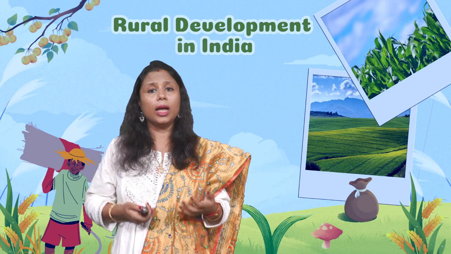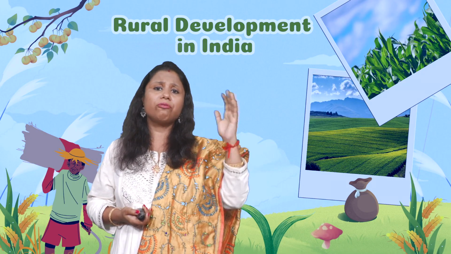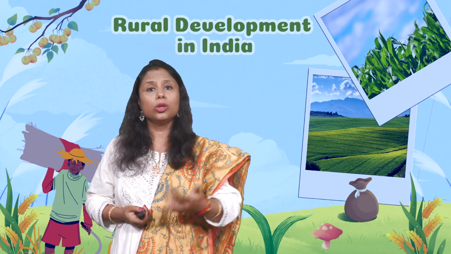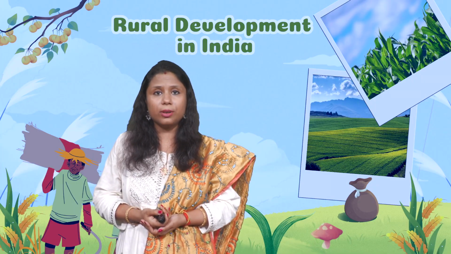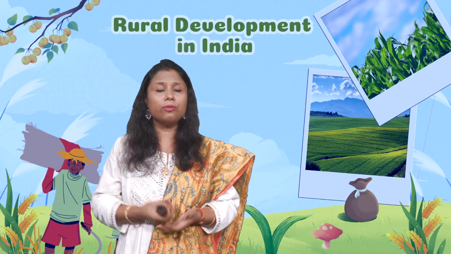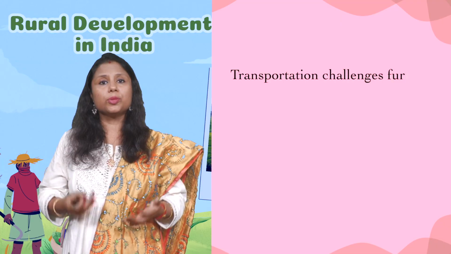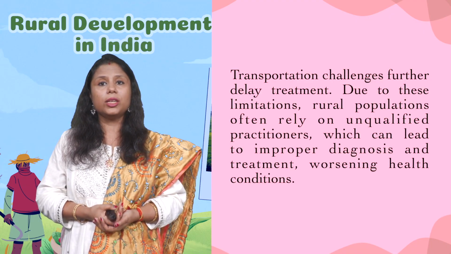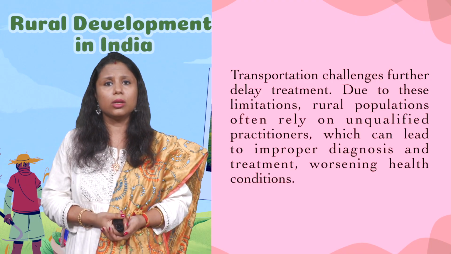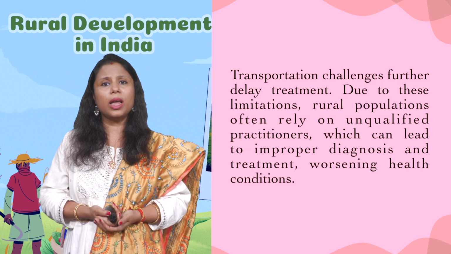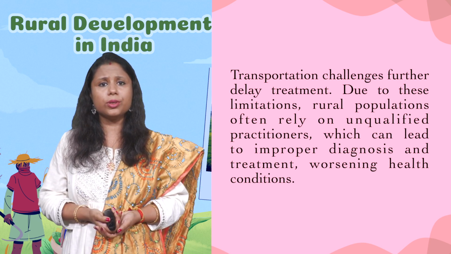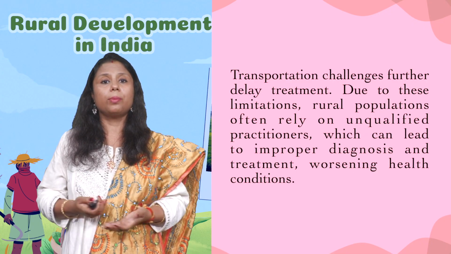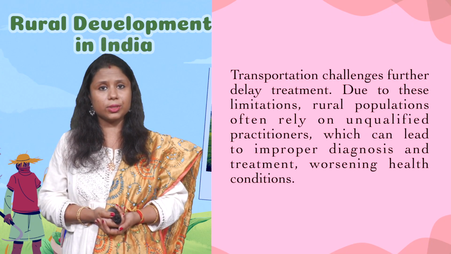And many villages are located far from the health facilities, thereby making access to these health centers very difficult, especially in emergencies. Transportation challenges further delay treatments. And due to all these limitations, the rural population often relies on unqualified practitioners, which can lead to improper diagnosis and treatment, thereby worsening their health conditions.